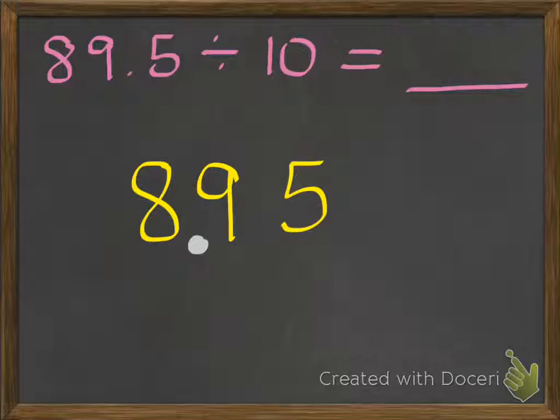Which is smaller than 89.5. If I move it to the left again, I have 0.895. It's smaller. So every time I move that decimal to the left, the number is getting smaller and smaller.